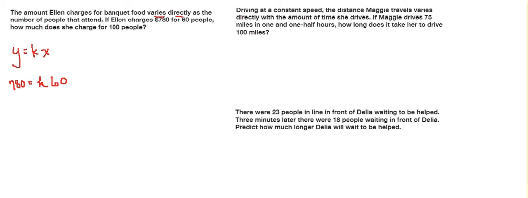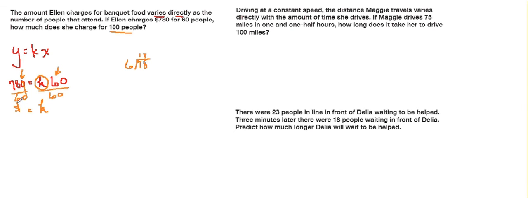Okay, so before we decide how much that would be for 100 people, we need to know what k is. We know how many people and we know what it costs, but we don't know how much she's charging per person until we do a little dividing here. We need to know what k is, so we're going to divide both sides by 60. Okay, 78 divided by 6 is 13.